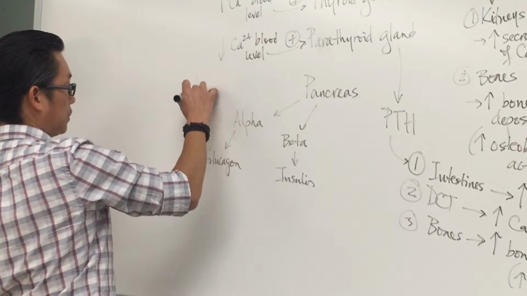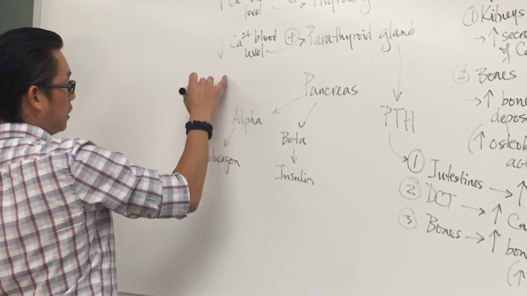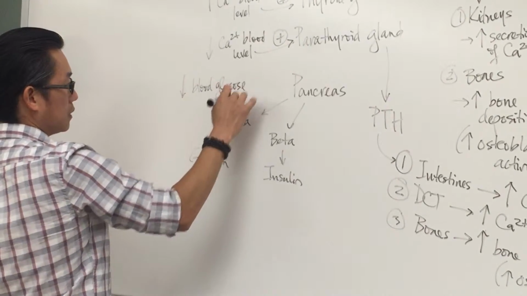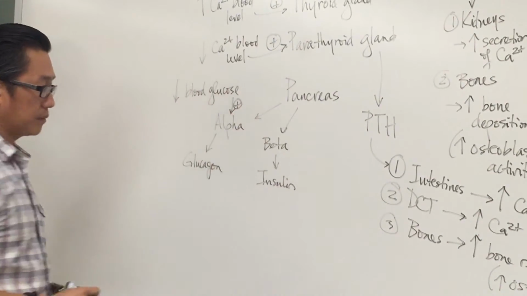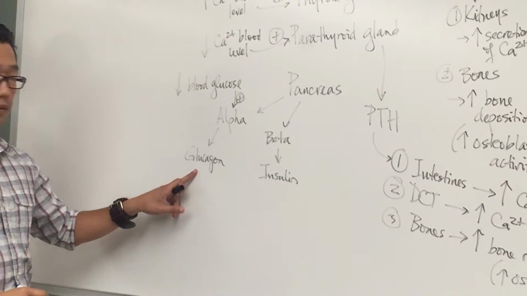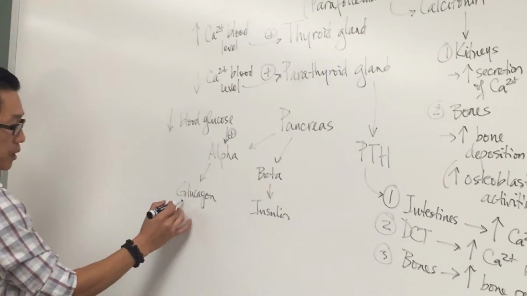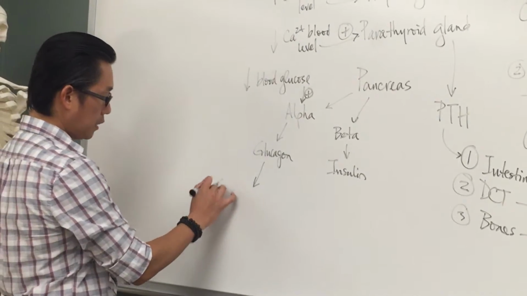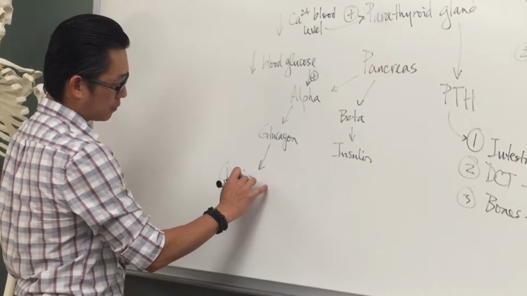If you have a decrease in blood glucose, that's going to trigger the alpha cells to release glucagon. Because you have a decrease in blood glucose, you want to go to the source that stores the most glucose, so it goes to the liver.